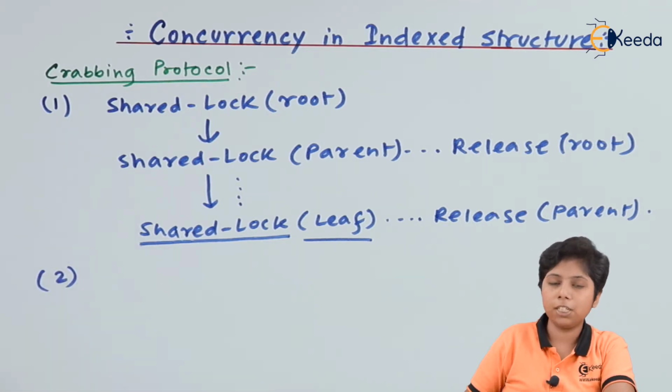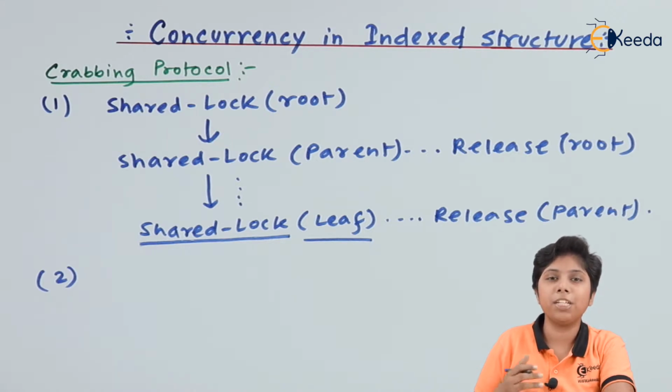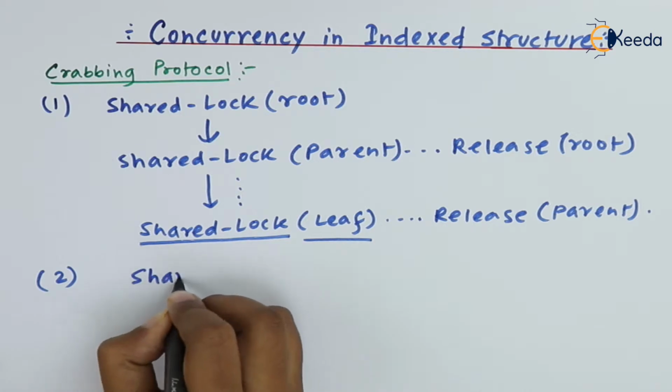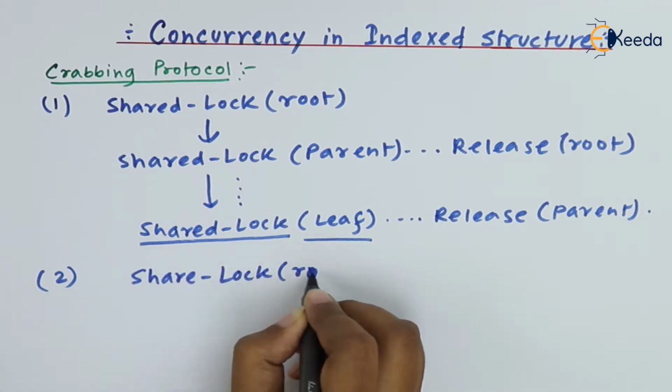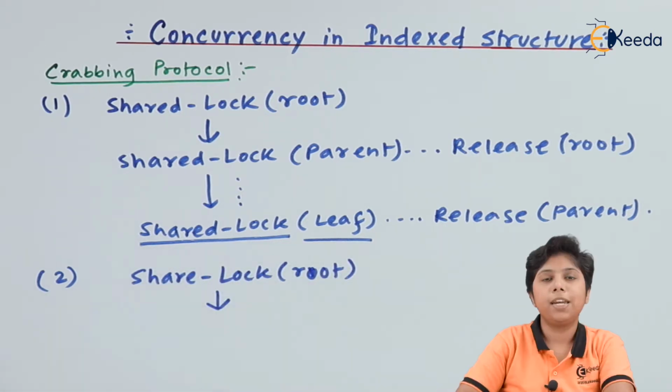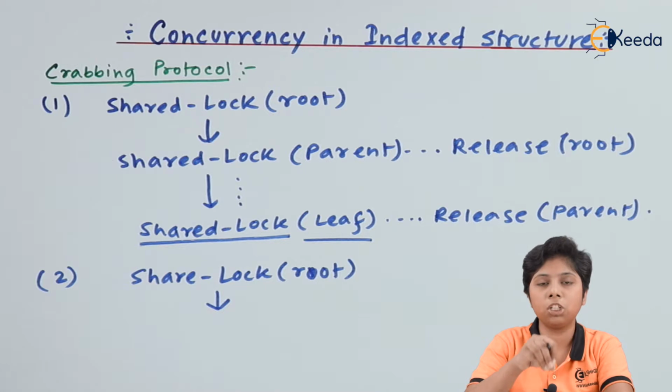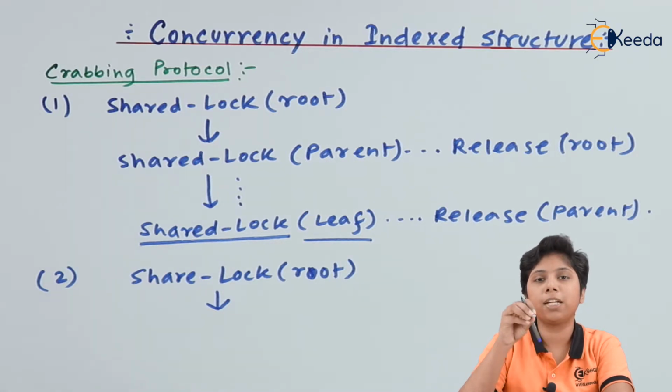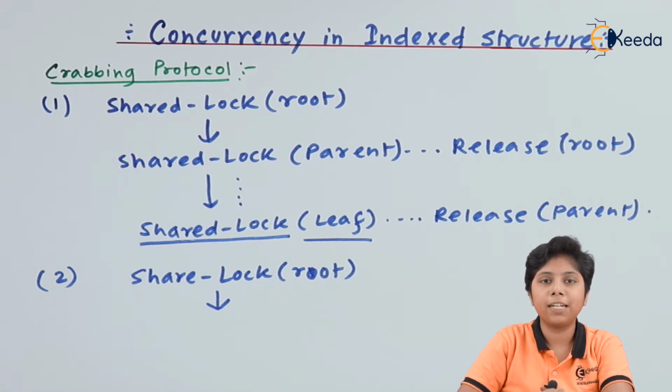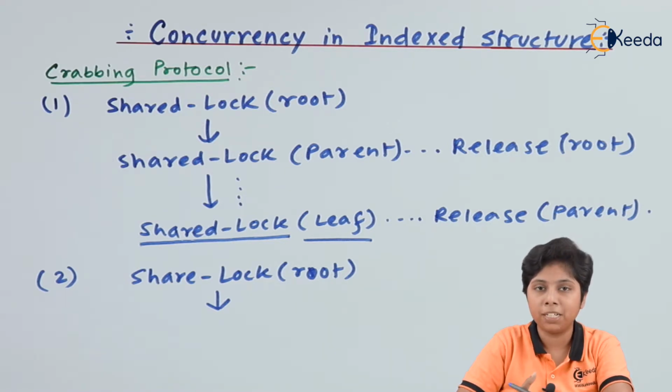For insertion and deletion, in the same way, first we need to acquire a shared lock on the root key. Next, when we move to a child node, suppose the key we want to delete belongs to that particular node, or it is the insertion position.